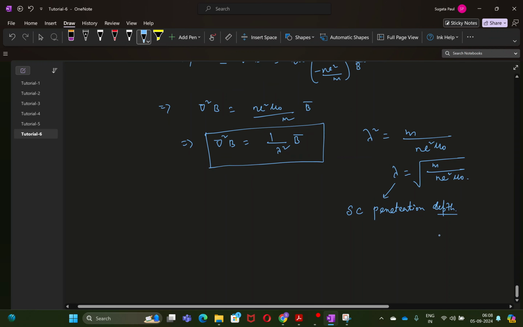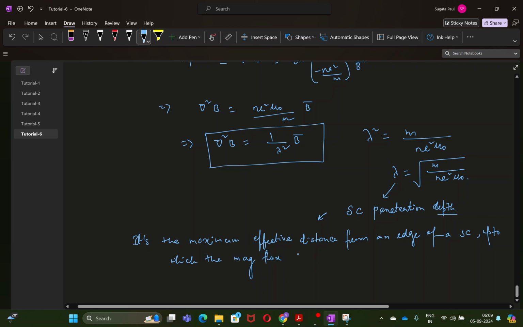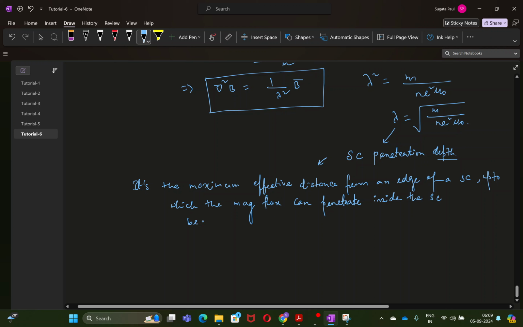So the superconducting penetration depth is the maximum effective distance from an edge of a superconductor up to which the magnetic flux can penetrate inside the superconductor before the flux density B decays out to be 0. Alright.